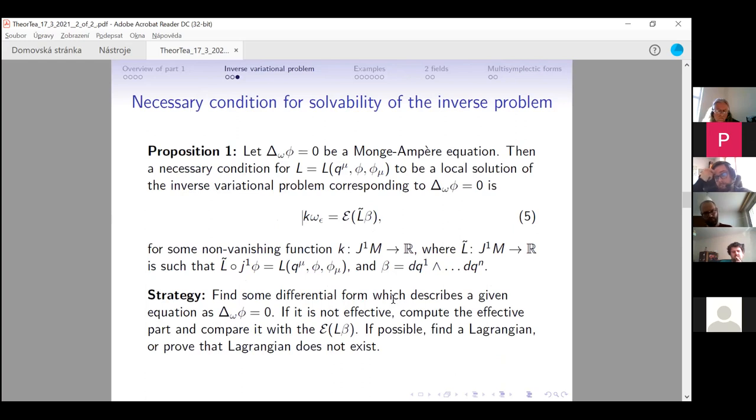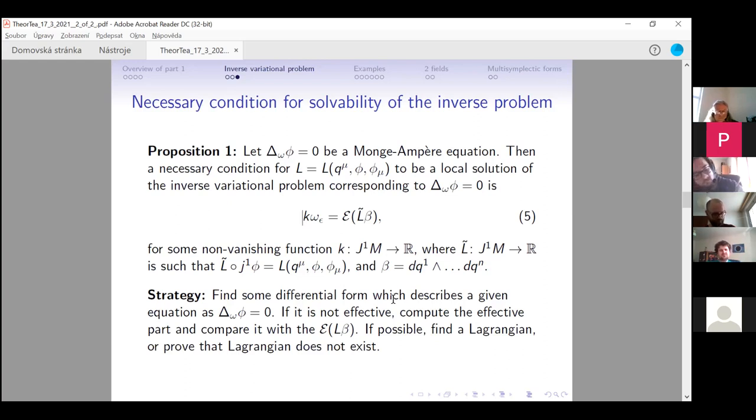If you want to change this form in some way which is not by multiplying it by a non-vanishing function, then the only thing you can do is to run through the class of forms that represent the equation, but this class is given by essentially adding terms. So the difference of the two forms representing the same equation, if expressed in the same coordinate system, will always contain the terms that are vanishing on the Monge-Ampere operator.